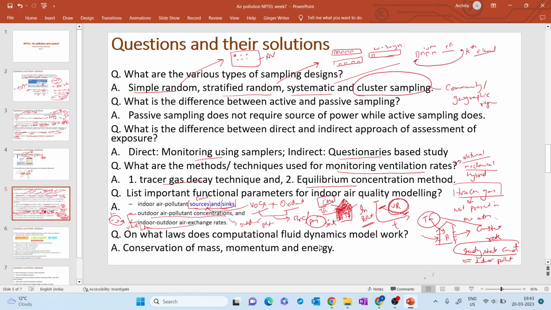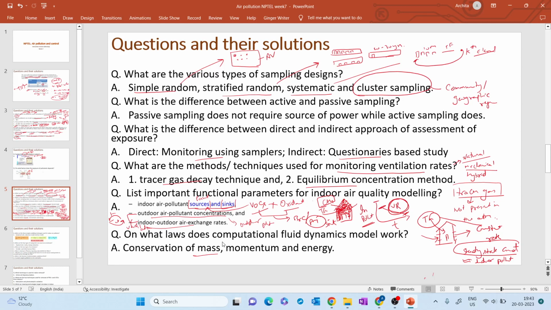Now this depends on different factors or different laws. One of them is conservation of mass. Conservation of mass is nothing but whatever is entering and leaving creates a balance, the mass is stable.